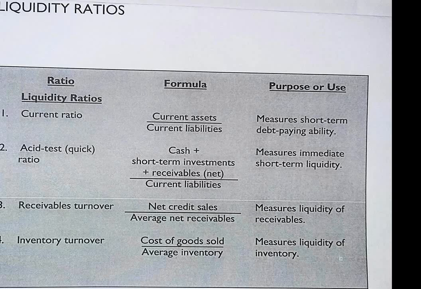The first one is the current ratio. The current ratio can be found by current assets over current liabilities. This ratio measures short-term debt paying ability.